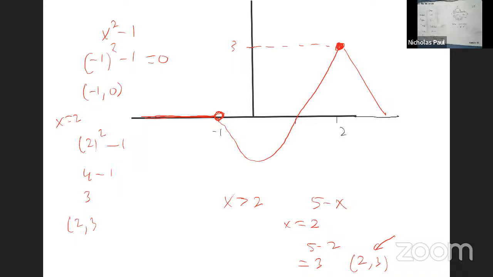So we could pick x is 3 and solve for y. You'll get 5 minus 3 is 2. So that's 3, 2, and then plot your line. I just recognize a negative gradient, so I drew the line downwards.